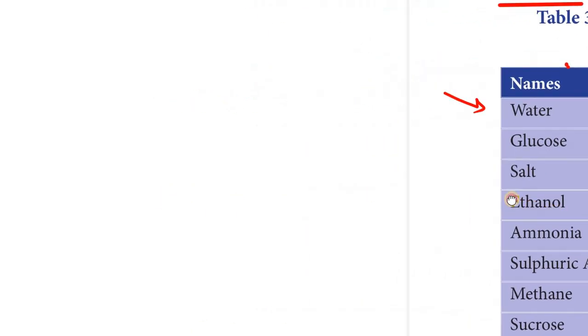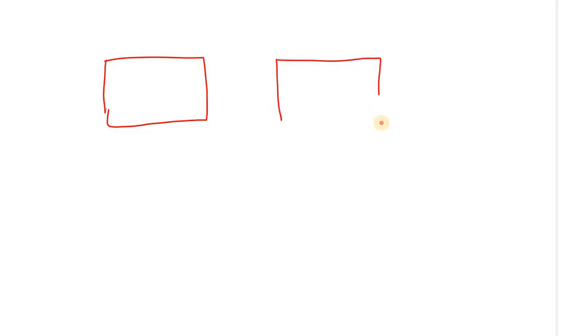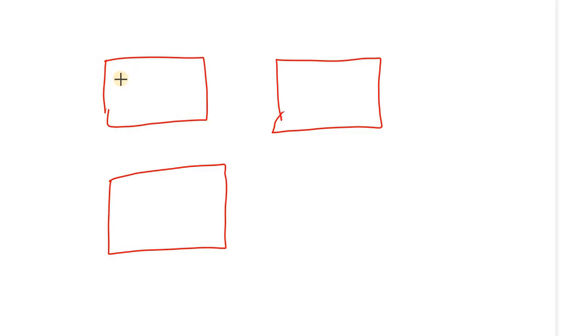Thanks, students. Okay, let me ask you a very interesting question. Here you see there are three substances. Now the molecule of this substance is A2B3, whereas the molecule of this substance is A3B2.